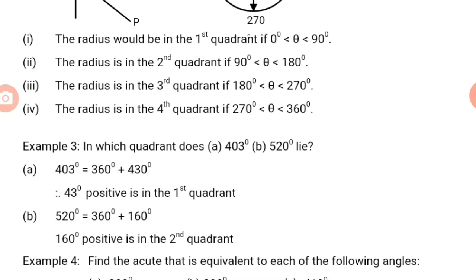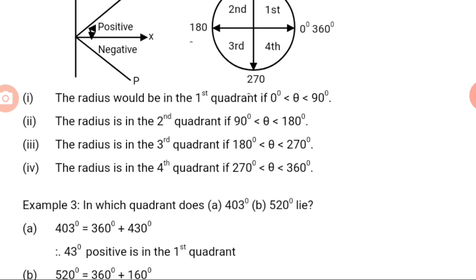In which quadrant does each angle lie? Now, A, that is 403 degrees.